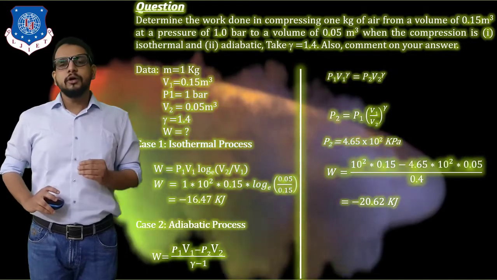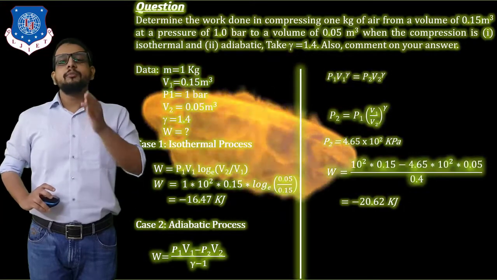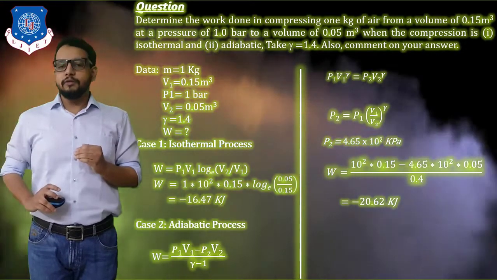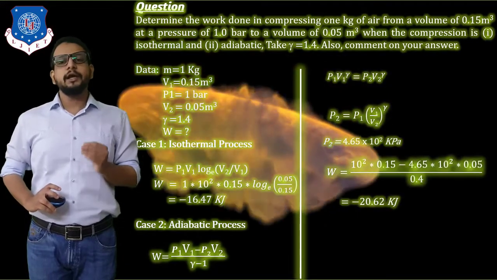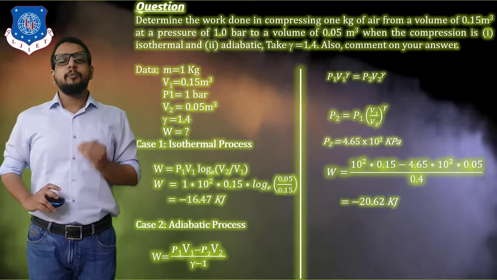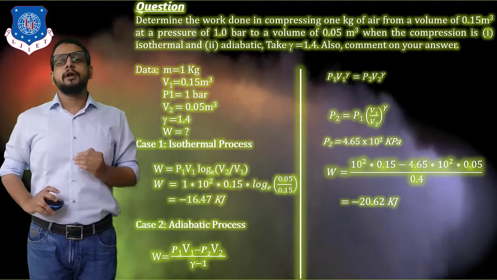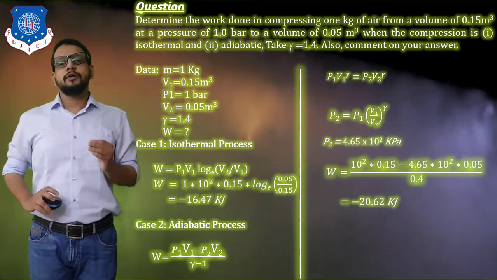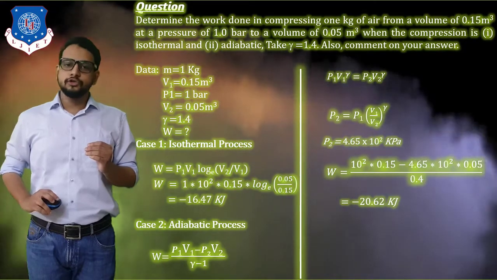It is equal to 1 into 10 raised to 2, that is initial pressure P1, into 0.15, that is volume V1, minus 4.65 into 10 raised to 2 into 0.05, upon gamma minus 1, that is 1.4 minus 1, which is equal to 0.4. So the final answer of work done we get is minus 20.62 kilojoule.